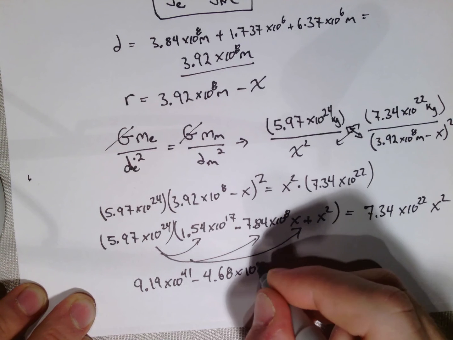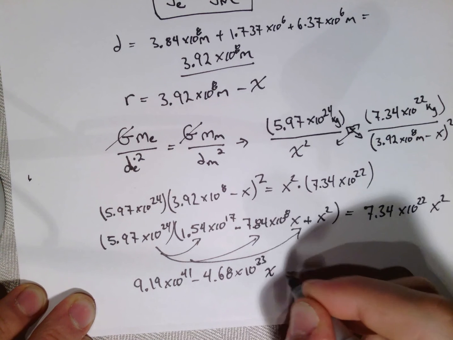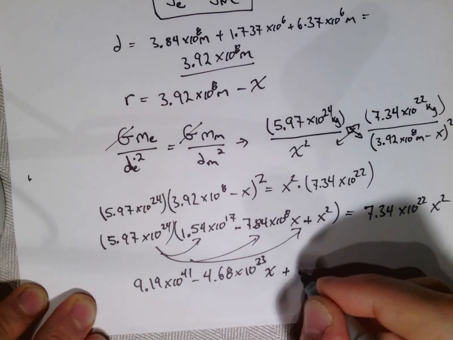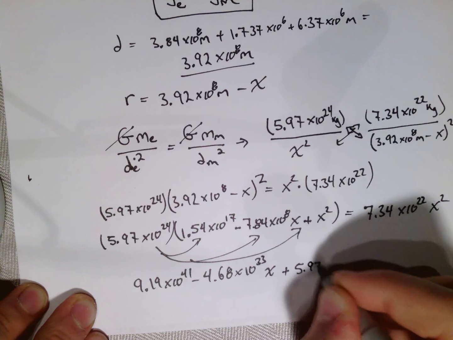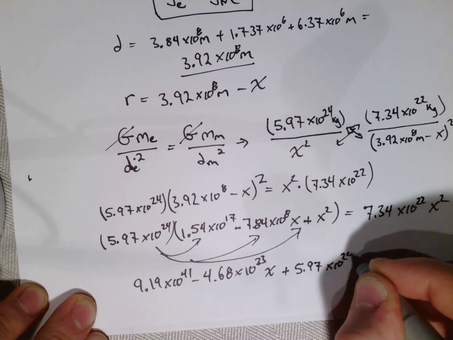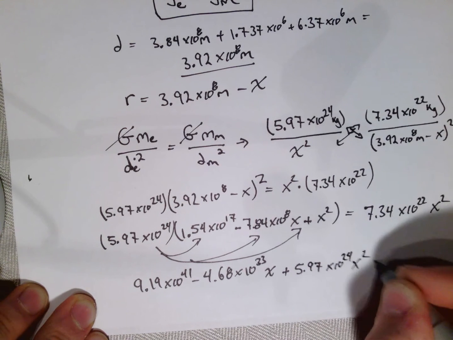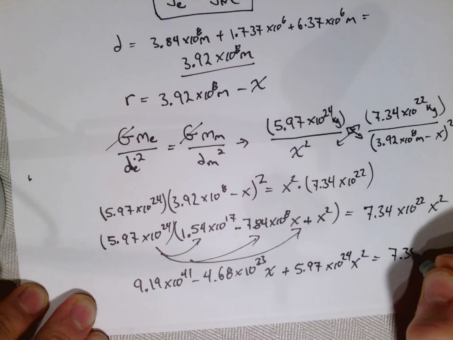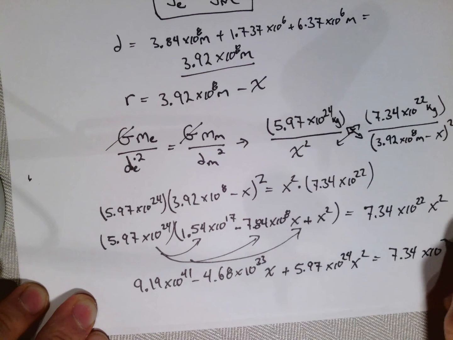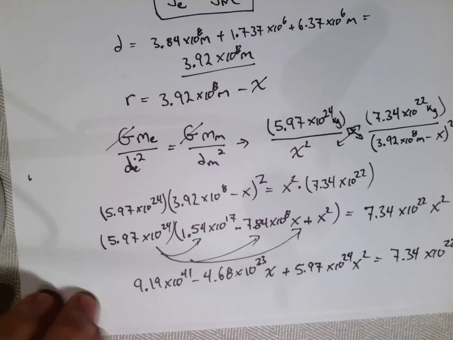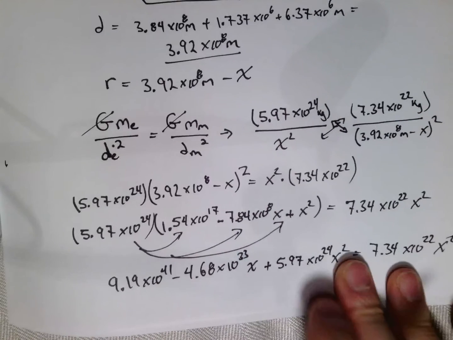Times 10 to the power of 33x plus 5.97 times 10 to the 24 x squared equals 7.34 times 10 to the 22 x squared.